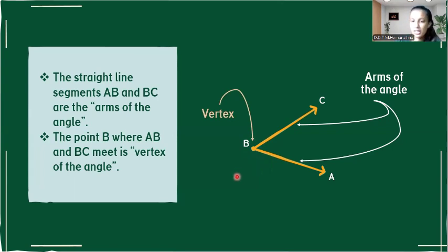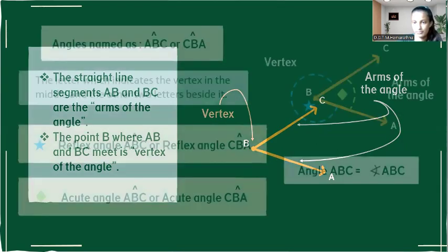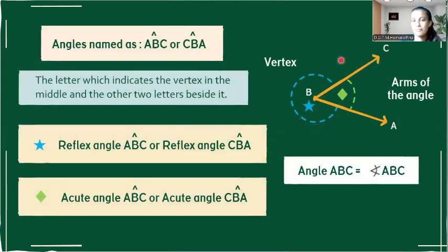Normally we name the vertex as the meeting point of two straight lines to form an angle, and the two straight lines which make the angle are called arms of the angle. This is a summary. The angles are named as angle ABC or angle CBA. See here, ABC or CBA.